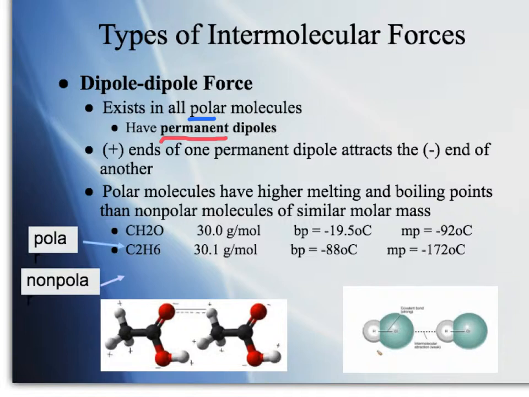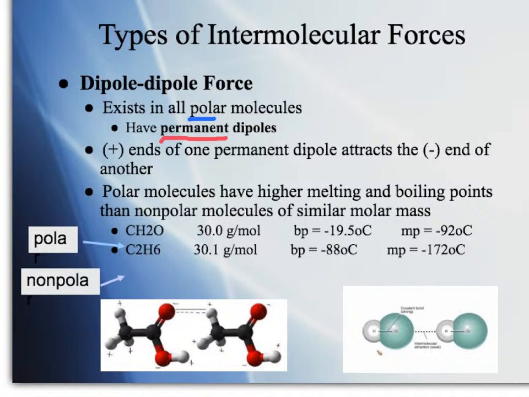In molecules that are polar and have permanent dipoles, the positive ends of one permanent dipole attract the negative ends of another. And so you get an electrostatic force there holding those molecules together. It's not a bond holding atoms together to make a molecule. It is between molecules, and it's just a force of attraction.